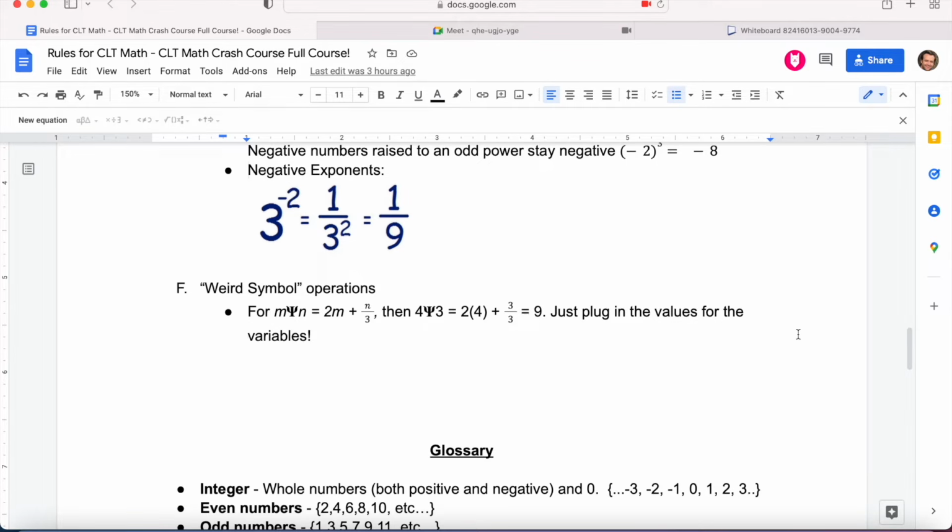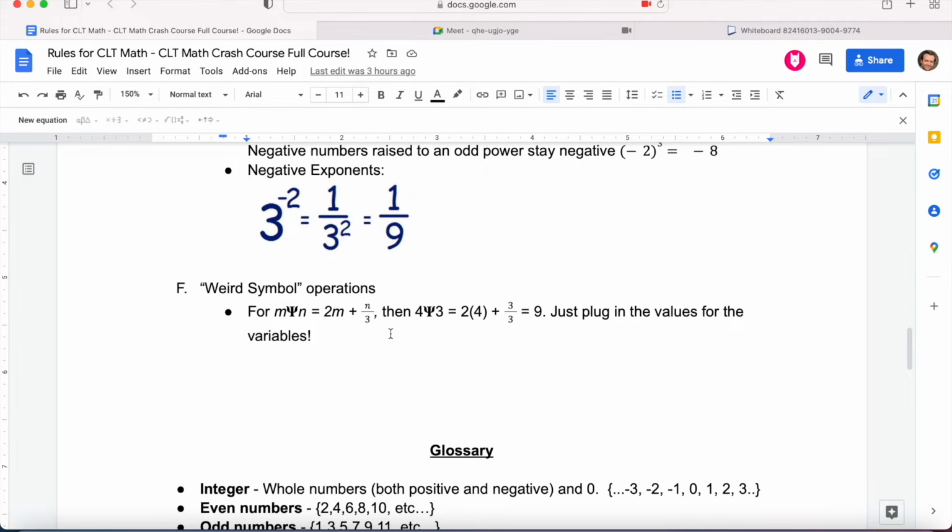Okay. For M weird symbol N equals 2M plus N over 3, then 4 weird symbol 3 equals 2 times 4 plus 3 over 3 equals 9. Just plug in the values for the variables. Do you see what I've done there in that second equation?